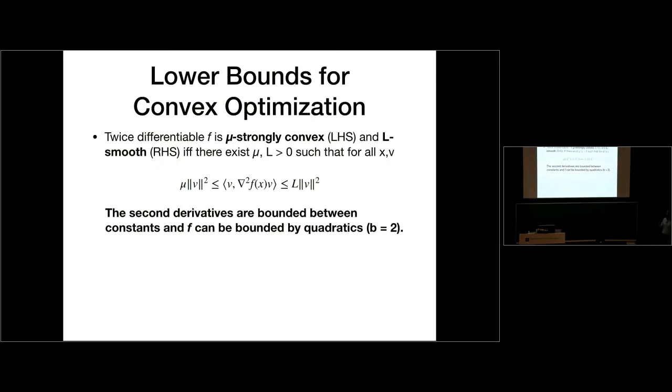For twice differentiable functions, these properties are equivalent to there existing a constant mu, such that the eigenvalues of the Hessian are everywhere lower bounded by mu, and the eigenvalues of the Hessian are everywhere upper bounded by L. The key take-home is that these conditions are equivalent to saying that the second derivatives are bounded everywhere between two positive constants.